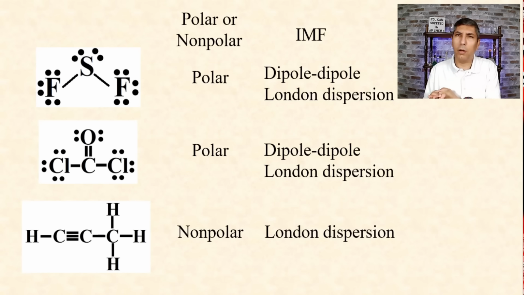You don't have to say that it also has dipole-dipole forces. That's kind of understood if you say that. Some people would say that hydrogen bonding is completely different from dipole-dipole. I guess the jury is still out on that. But if you say something has hydrogen bonding and London dispersion forces, you don't have to say that it also has dipole-dipole. That's just a little clarification on that one.